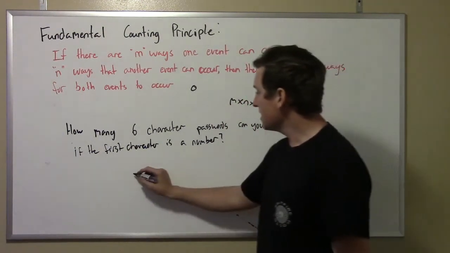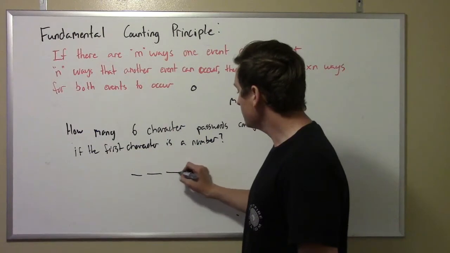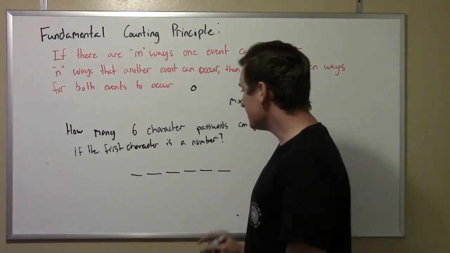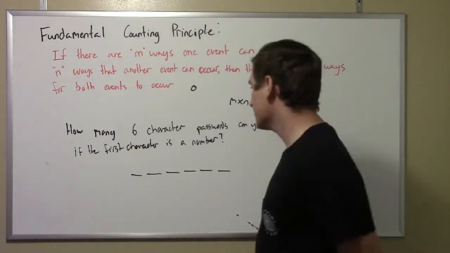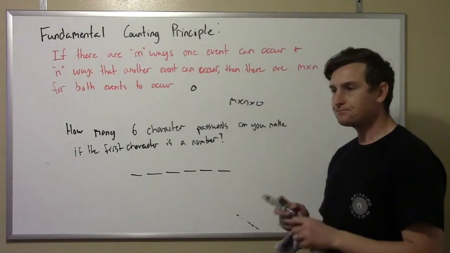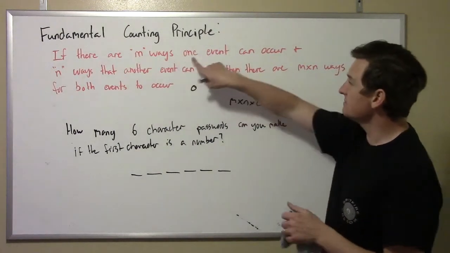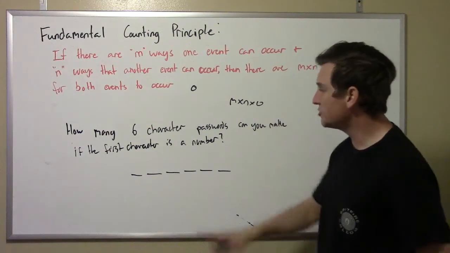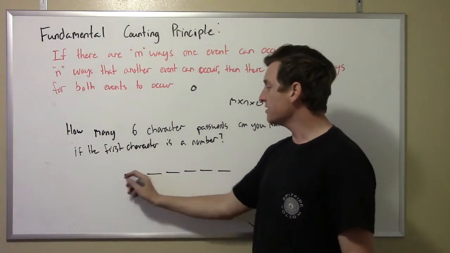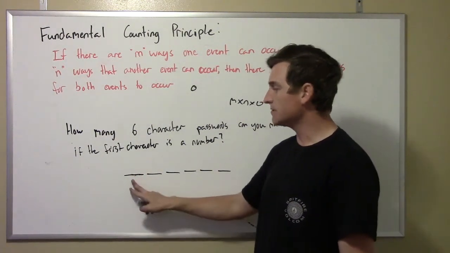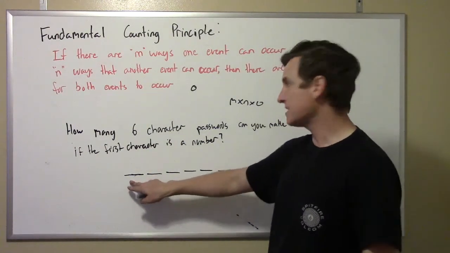Okay, so 6 characters. Now each character, as we choose it, is going to be an event, right? So how many different outcomes are there for the first character?